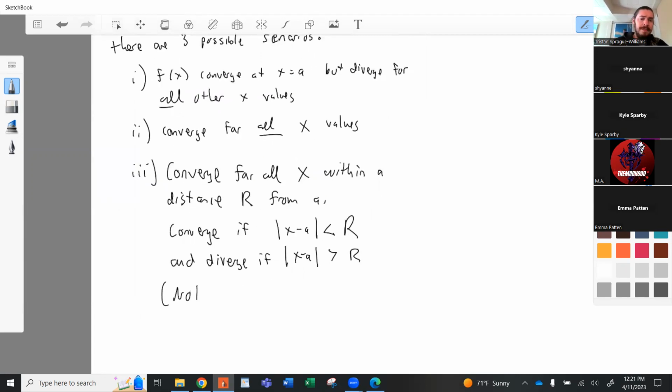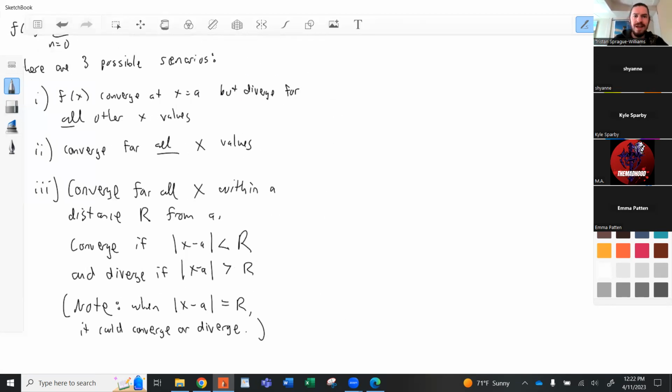So that means there would be this symmetrical interval around the number a in which it converges, but it diverges outside of that. Note, when the distance between x and a actually equals R, it could converge or diverge. It depends. These are the endpoints of the interval, and you have to check them individually. You can't say with confidence. You have to just check them.